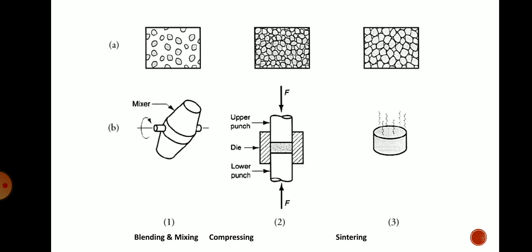Secondly, in the compression step, we have applied a high amount of pressure on the powder, and then that powder will become a dense powder. That means the distance between the particles will become closer and closer, and the component will become dense.